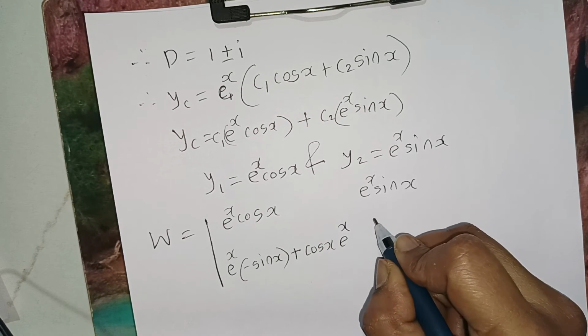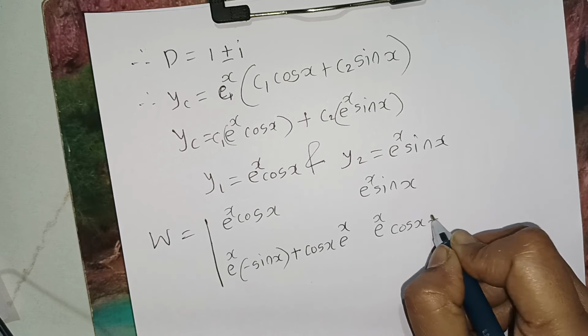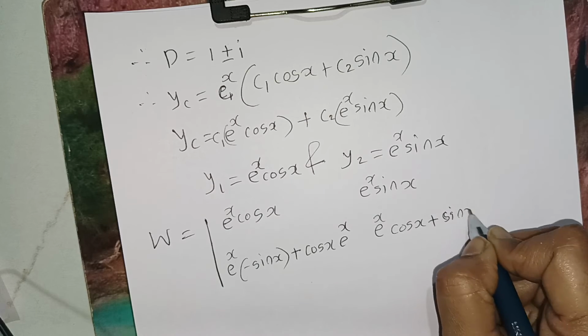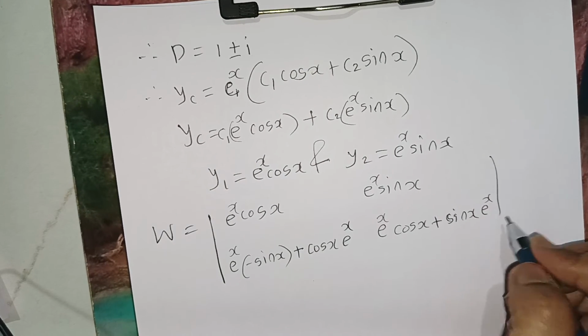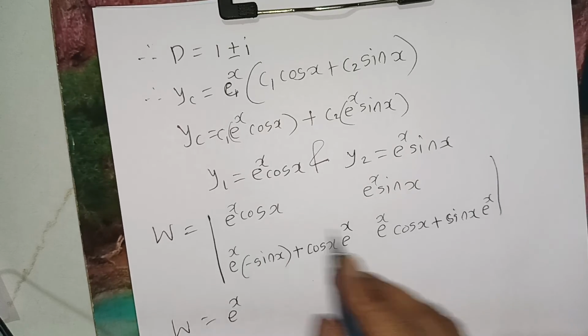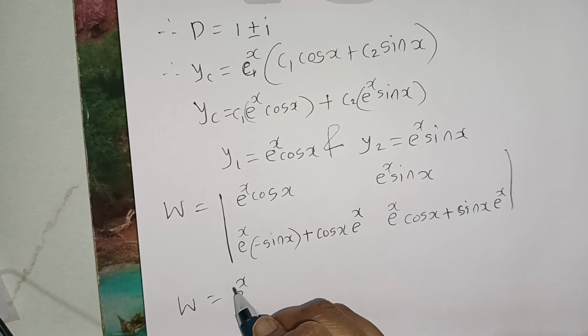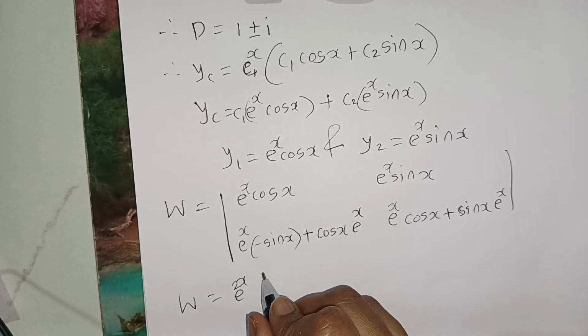Similarly, keep e raised to x as it is, derivative of sine is cos x, plus keep sin x as it is, derivative of e raised to x is e raised to x. So take the determinant, e raised to x into e raised to x. In both the terms you have e raised to x, so e raised to x into e raised to x will be e raised to 2x.